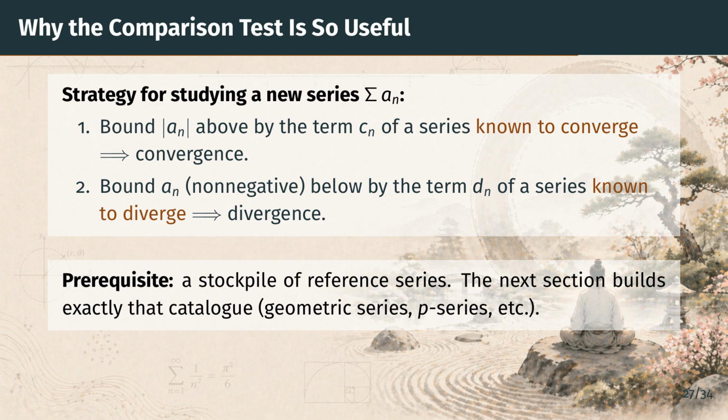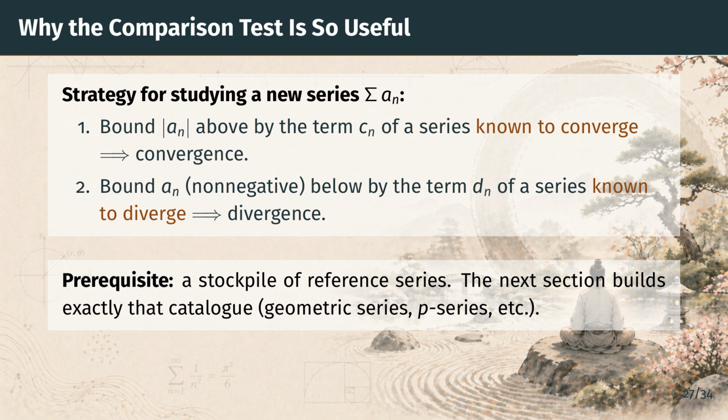To prove convergence, bound the absolute values of the terms above by a series we already know converges. To prove divergence in the non-negative case, bound the terms below by a series we already know diverges. Of course, the test is only as good as the reference series we have on hand.